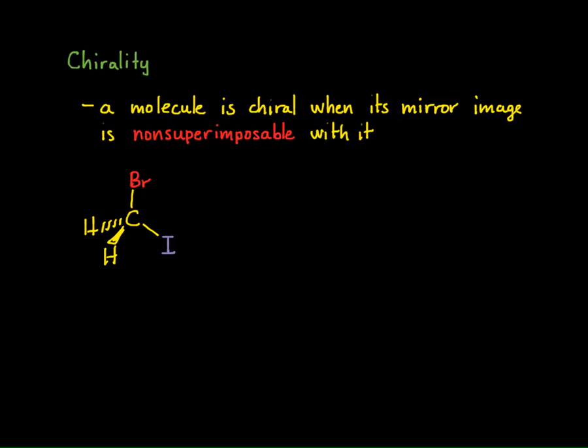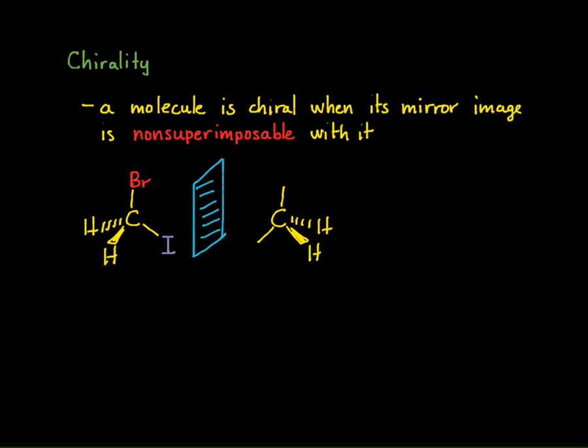So in the first example, I have bromoiodomethane. And if I were to draw the mirror image of bromoiodomethane, the way that I have it constructed here, the first thing I do is start off with drawing the mirror image of the tetrahedral carbon, right? And then I say, okay, the bromine is going to be on top because I basically rotated about a 180-degree axis.